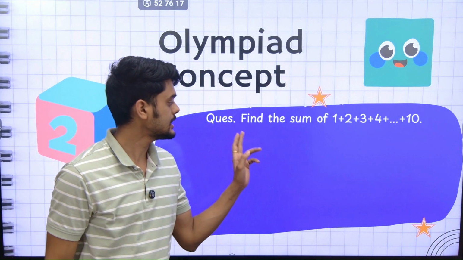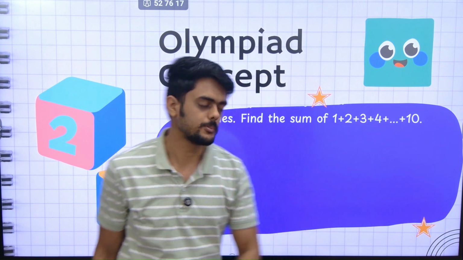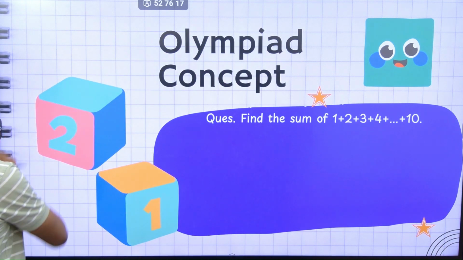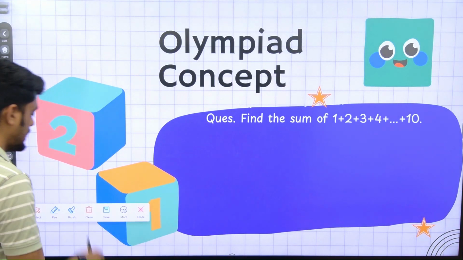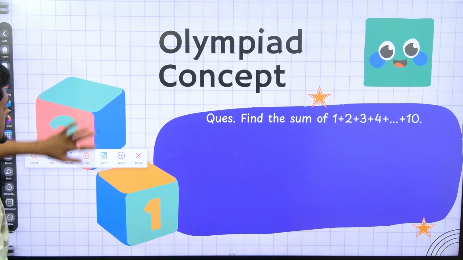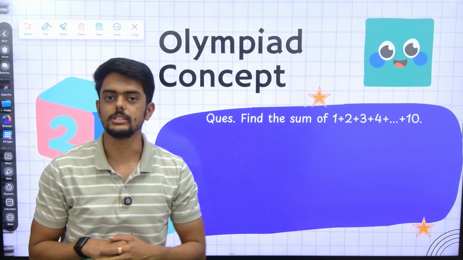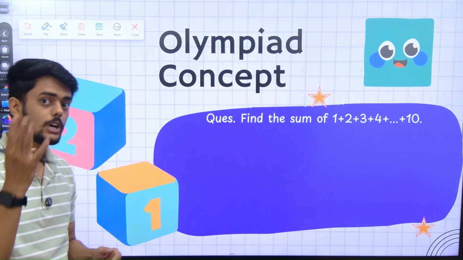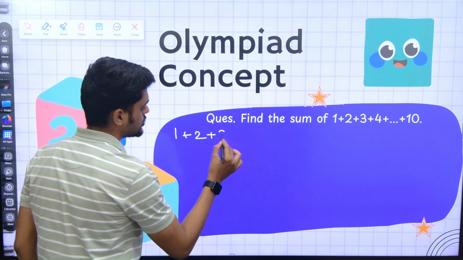It states that you need to find the sum of 1, 2, 3, 4 up to 10. Now, what does it state? It states that you need to find the sum of first 10 terms. Now, let me tell you a different approach to solve these questions. Okay, let's see how we can solve this. Let me first elaborate the question.